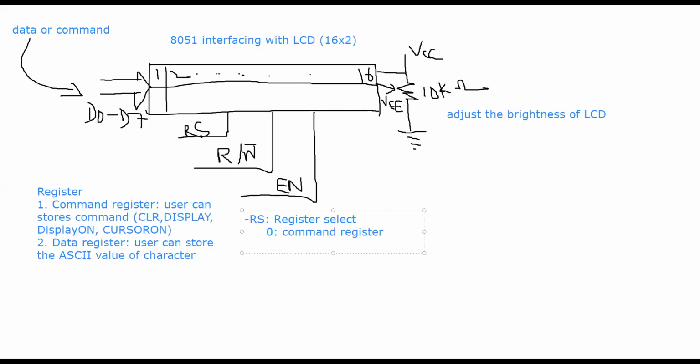If it is 1, it will be a data register. Is it clear? If the RS pin is 0, this whole register will act like a command register. If RS is 1, this whole register will act like a data register.